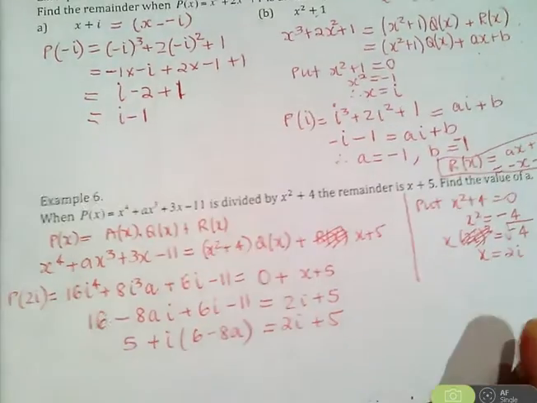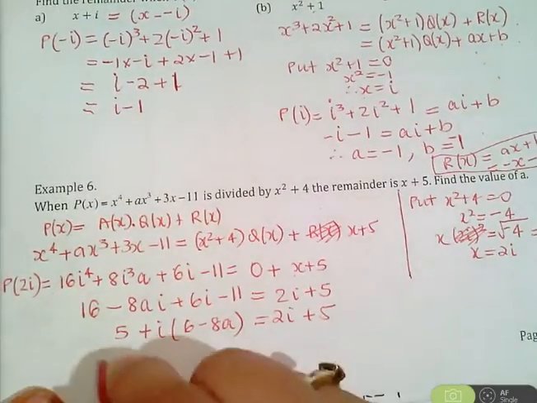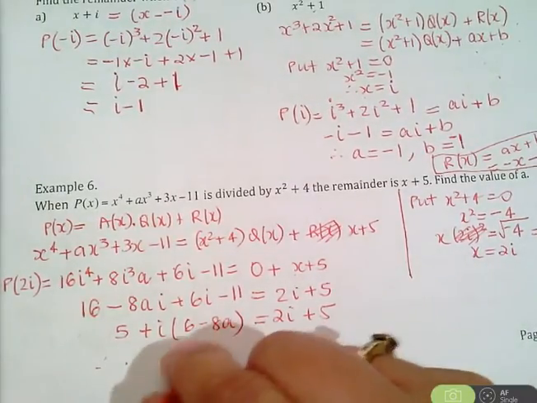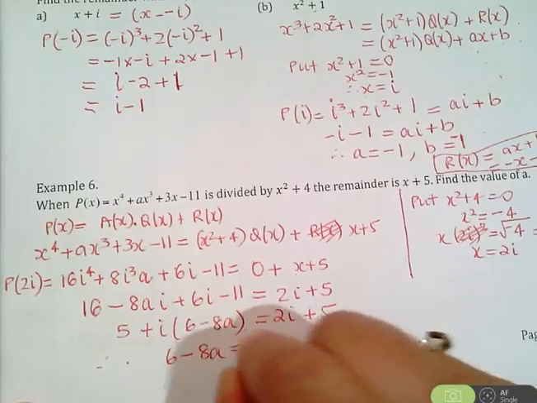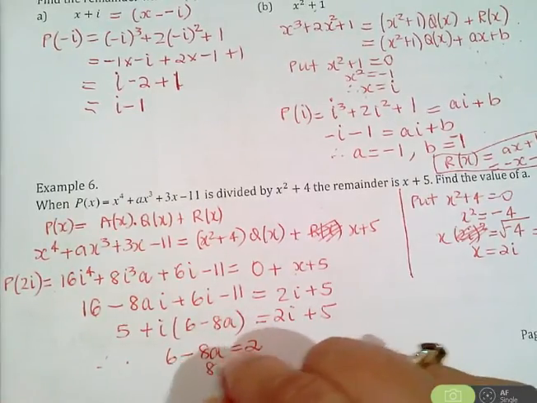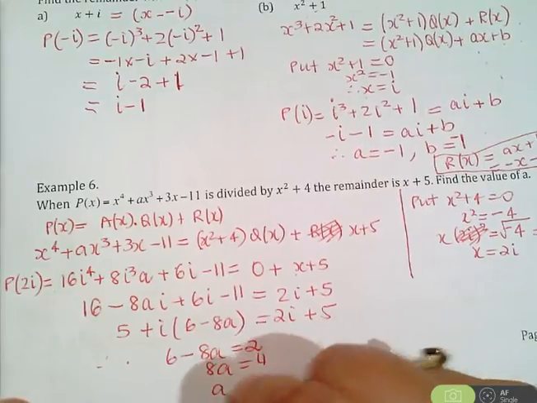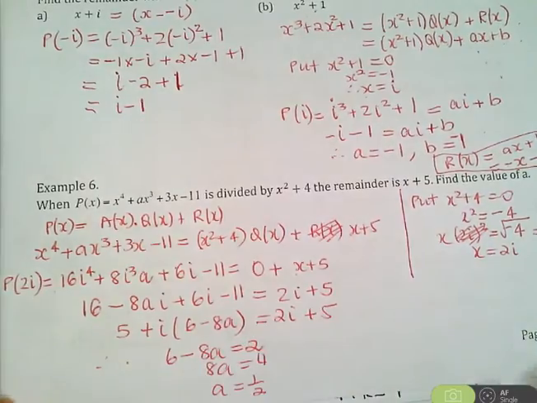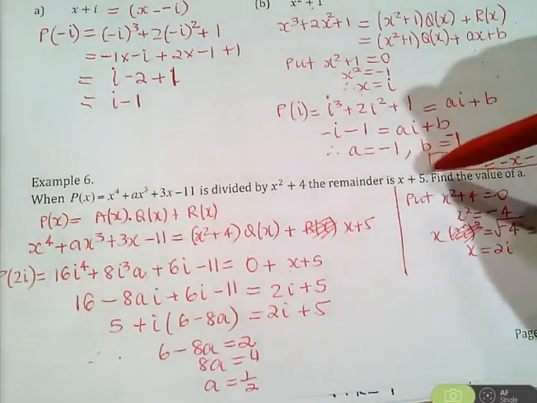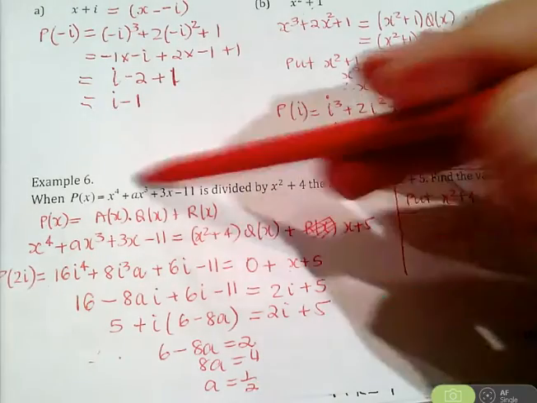So equating real and imaginary parts, therefore equating imaginary parts, we get that 6 minus 8a equals 2. So 8a equals 4, or a equals a half. And that's that solution. So it says when that polynomial is divided by x squared plus 4, the remainder is x plus 5. Find the value of a, and we've just worked out the value of a.